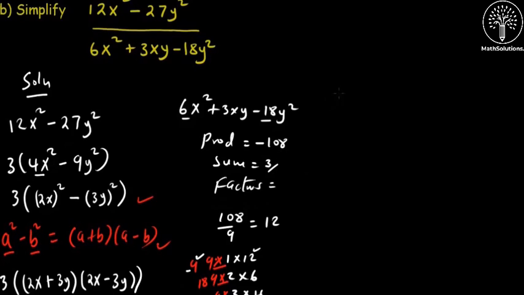Replacing 3xy with the factors, the expression becomes 6x squared minus 9xy plus 12xy minus 18y squared.